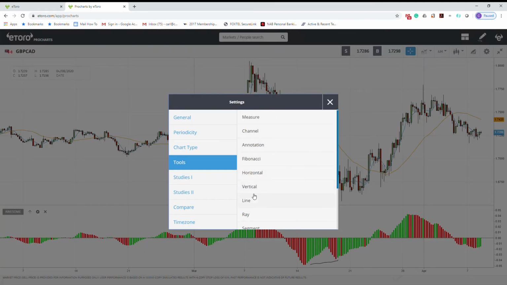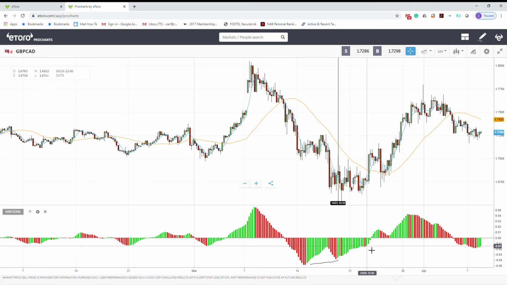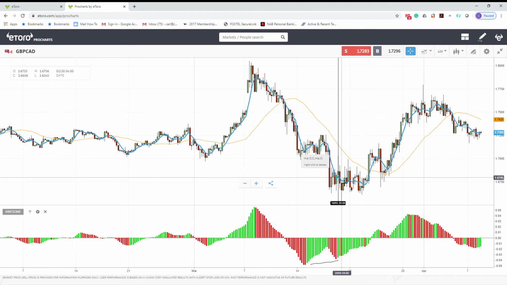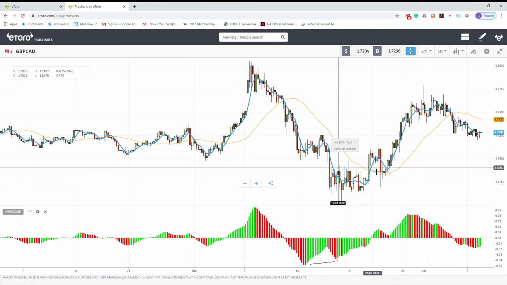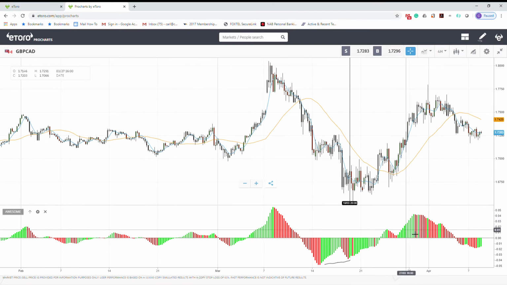I'm adding a vertical line here. So it means that if we buy here, then we can stay in the market. Then you can add some more to your position when we're crossing the zero line here. So we enter the market here, we add some here, then it keeps going until you see that we go to a bear market again.